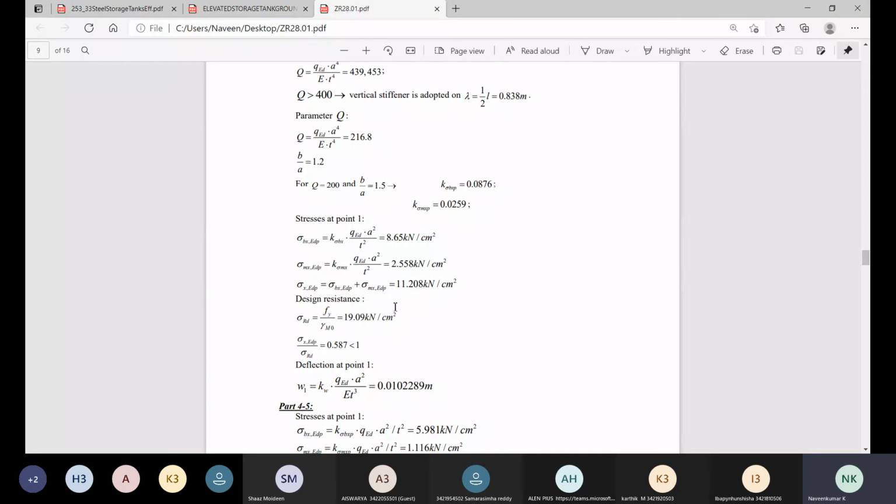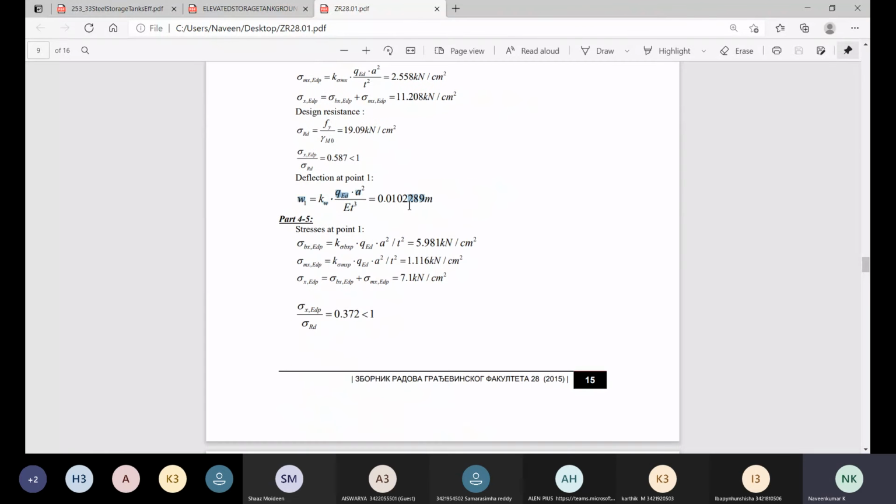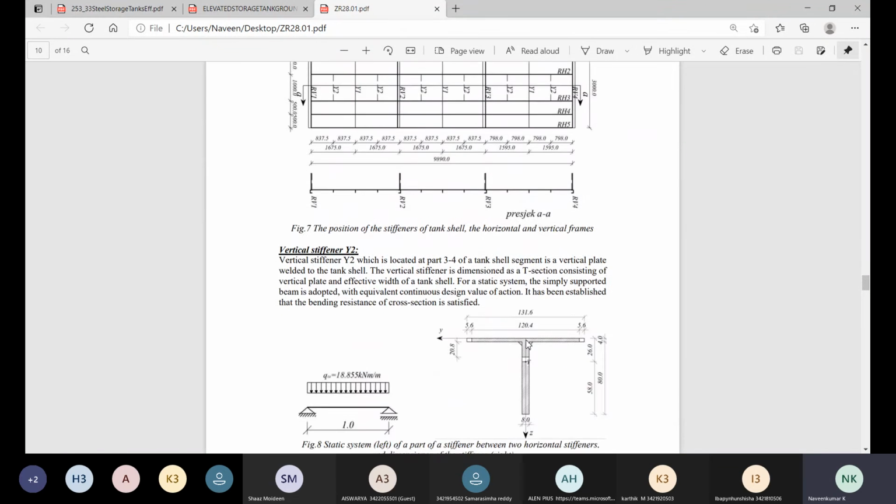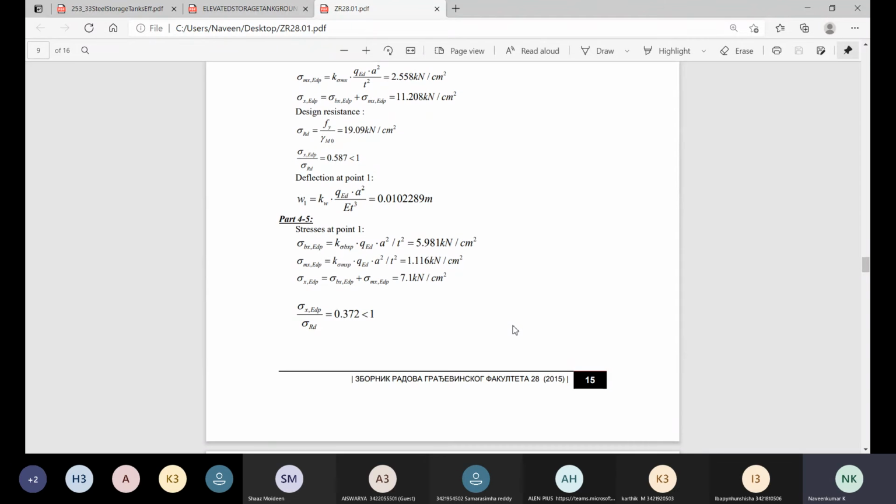Then the deflection. At different points they calculate the deflection. Why calculate the deflection? The deflection check is the only way you can ensure your structure is in a usable condition. Why consider the deflection?